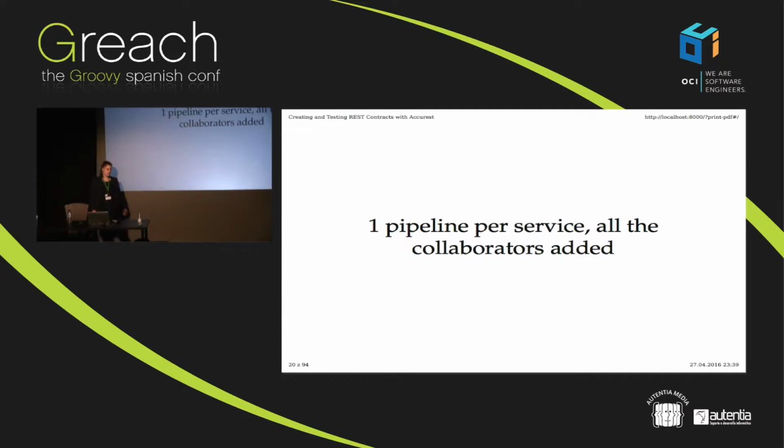So another idea was to maintain more of such pipelines. So again, in one pipeline, all the microservices deployed, end-to-end tests with services communicating with each other, but only one service would be deployed through that pipeline. So we would have everything for the tests, but we would only deploy one service with this pipeline.